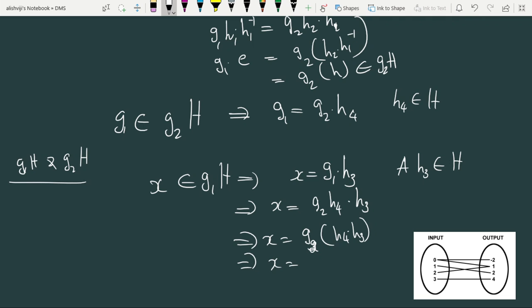So X can be written as G2 times some H5, where H5 is an element of H, and that means X belongs to the coset G2H.